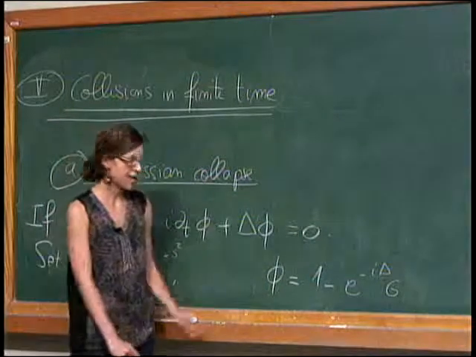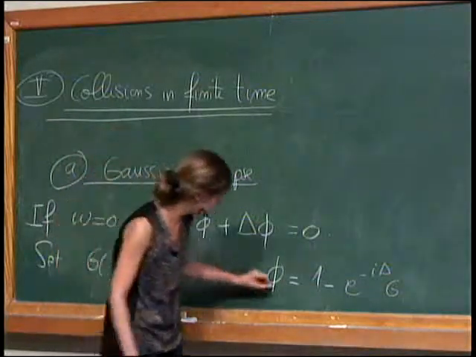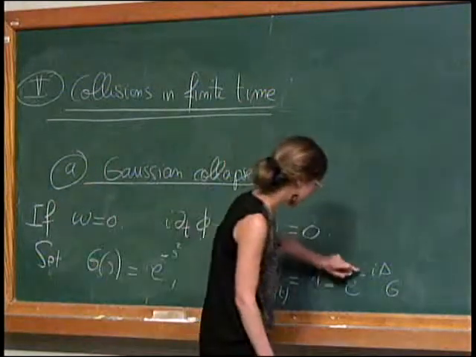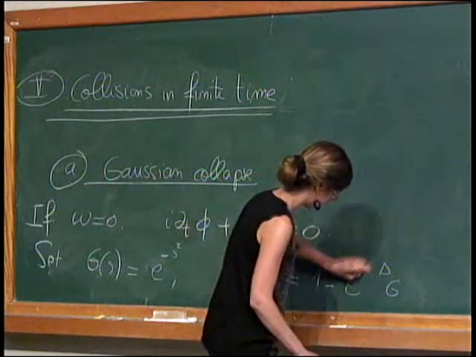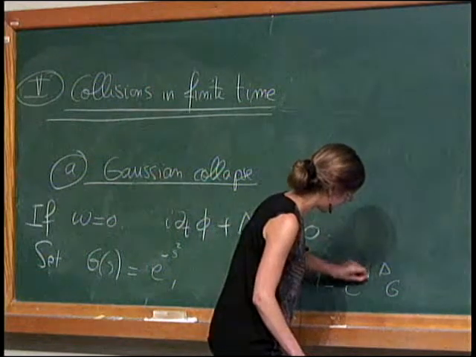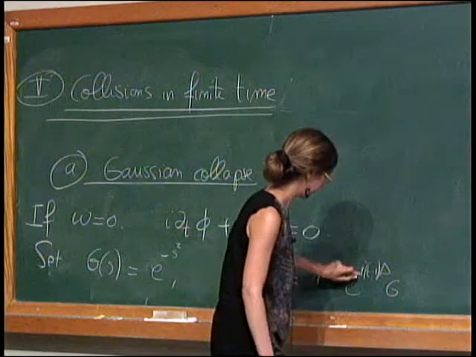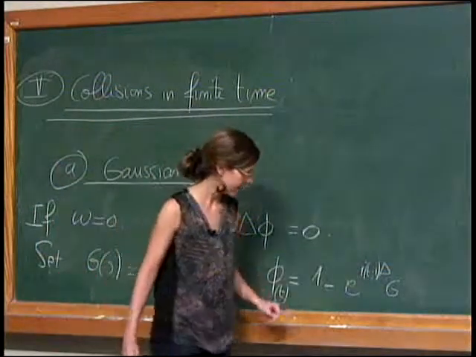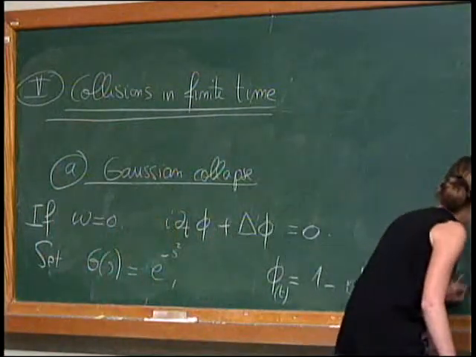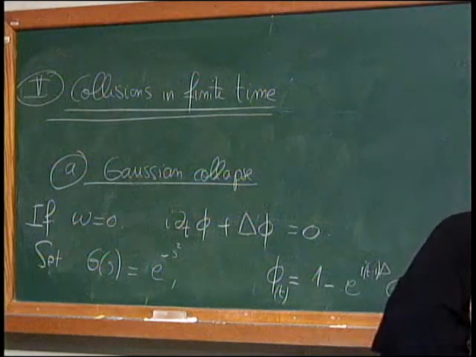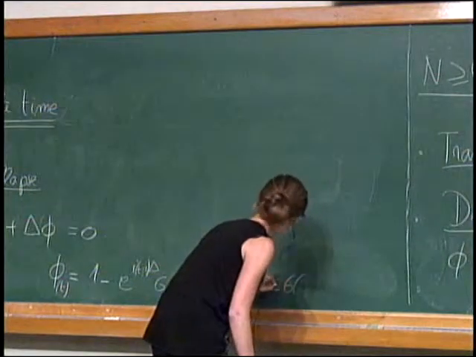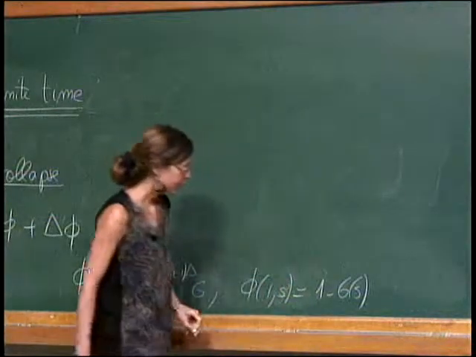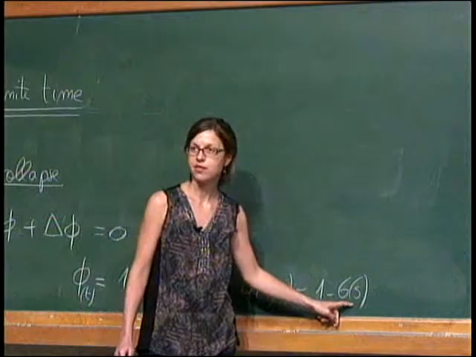This is phi 0, and therefore, by uniqueness, phi of t will be given by 1 minus exponential of i times (t minus 1) Laplacian. And therefore, at time t equals 1, I get 1 minus g of s. So if you set s equal to 0, you get 0.